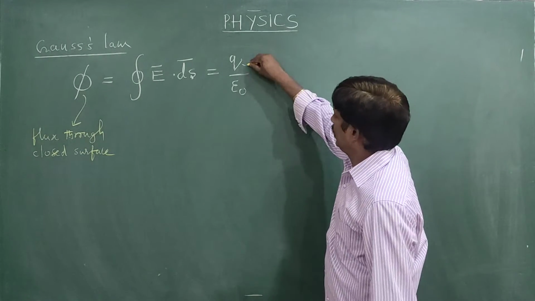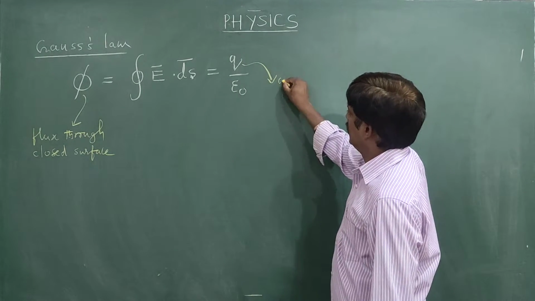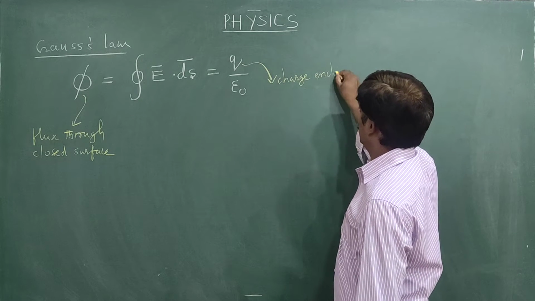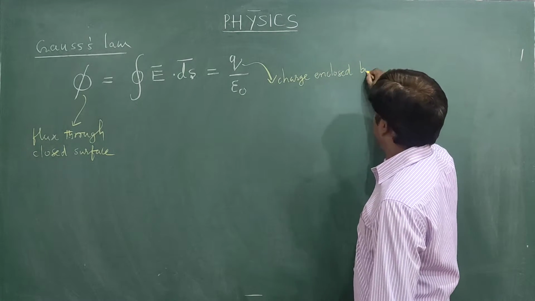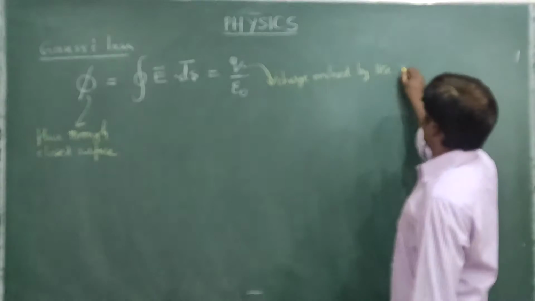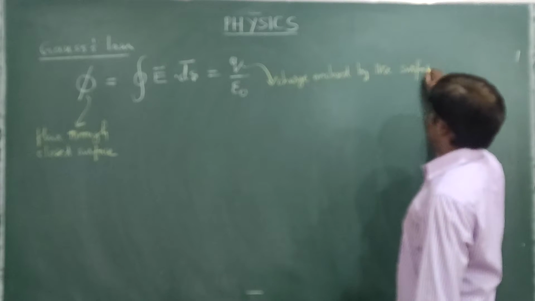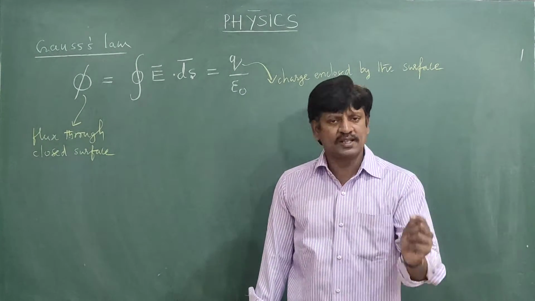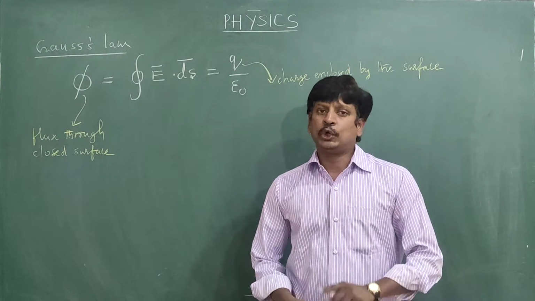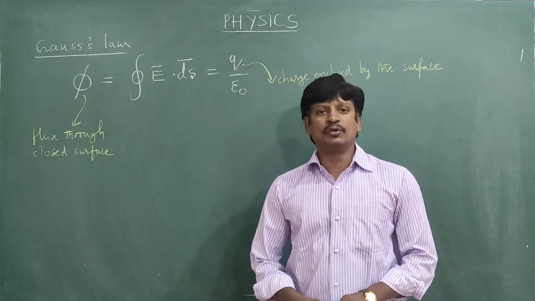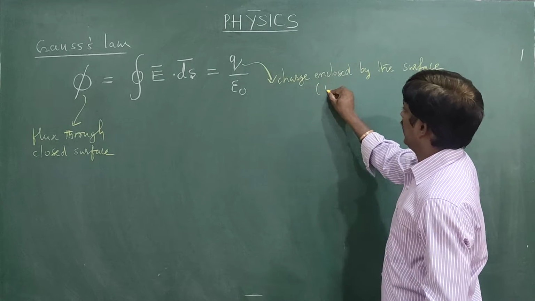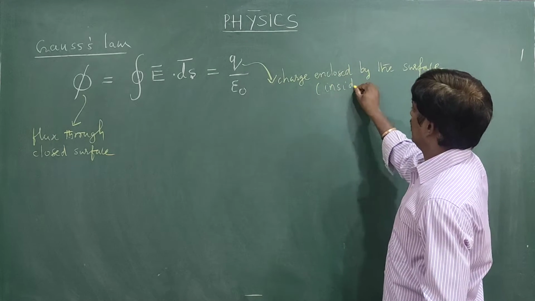And Q is the charge enclosed by the surface. Q is the charge inside the surface only. Q is not the charge outside the surface. Enclosed by the surface, literally inside the surface.